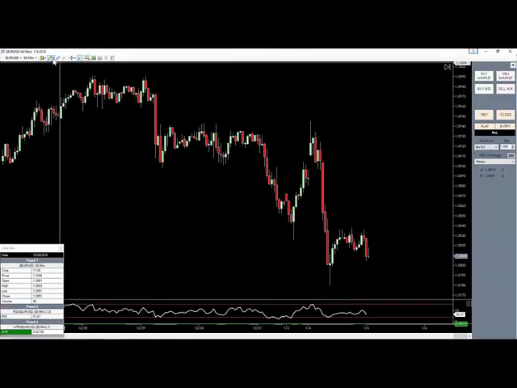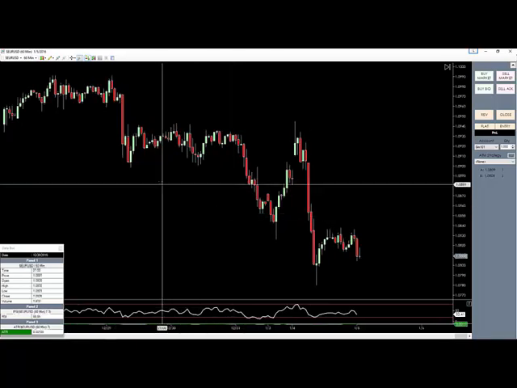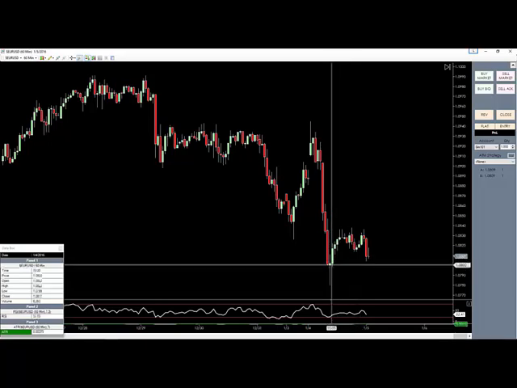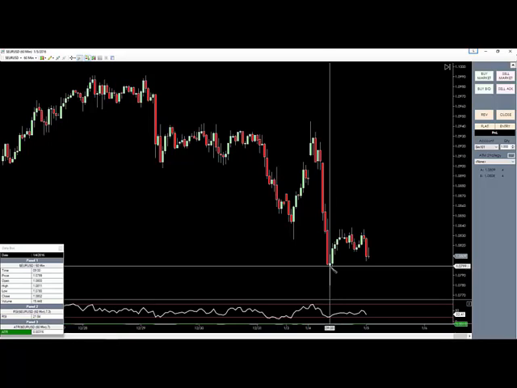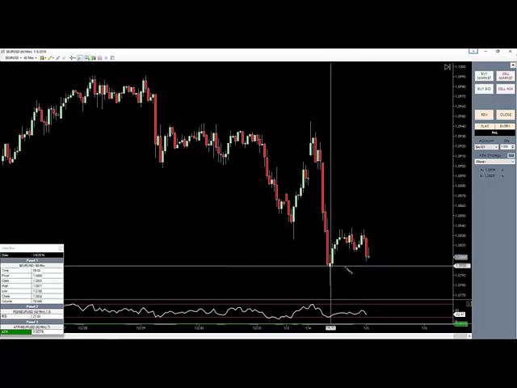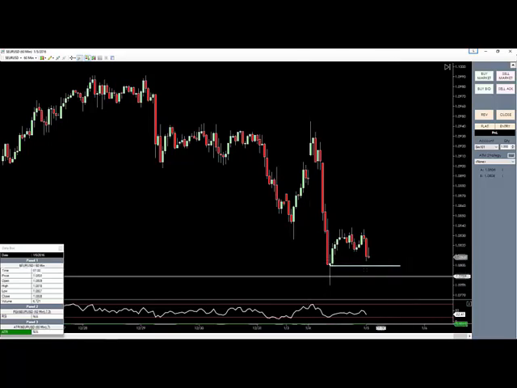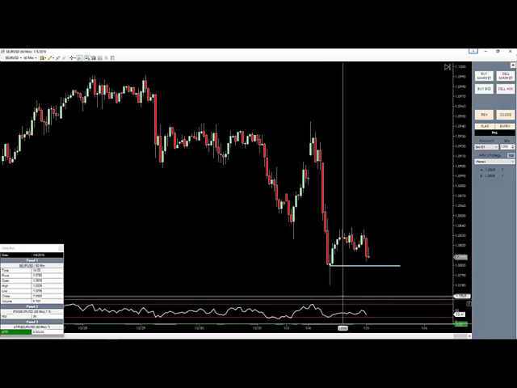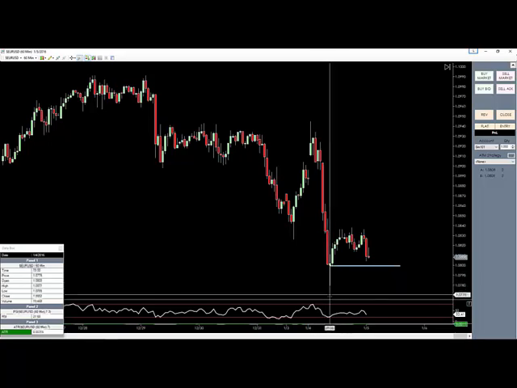If we go down to our 60-minute chart, I'm waiting for a double bottom opportunity. Of course, we're waiting for price to go below this level, and we wouldn't want price to close below this low right here.